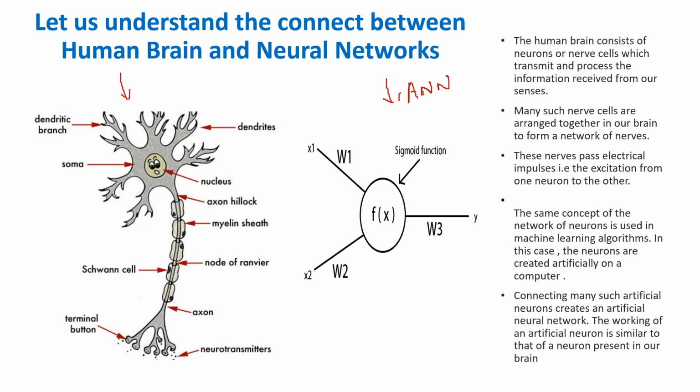Inspired by this architecture, the artificial neural network also has neurons in it. This you see as a neuron, and we call it a perceptron. Like the biological neurons, these artificial neurons get signals from the input data. The input data can be text, an image, or a video. And this input is not fed in as such.